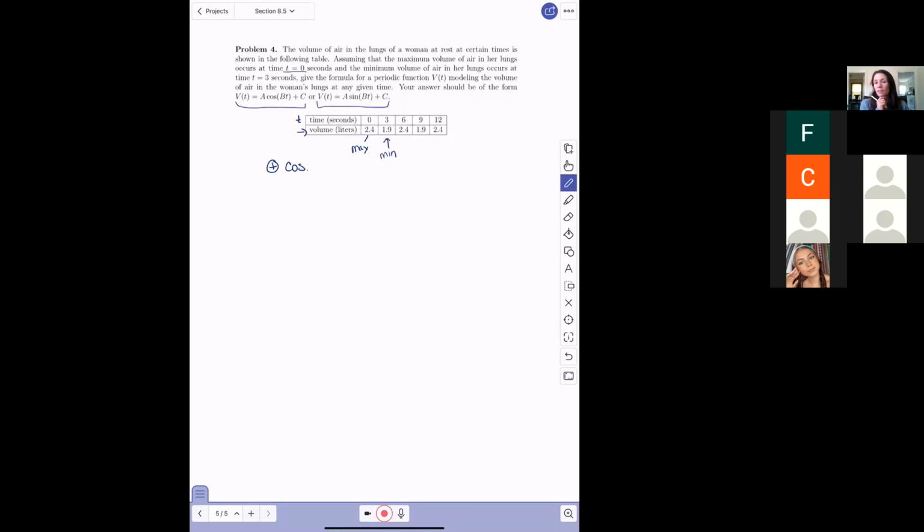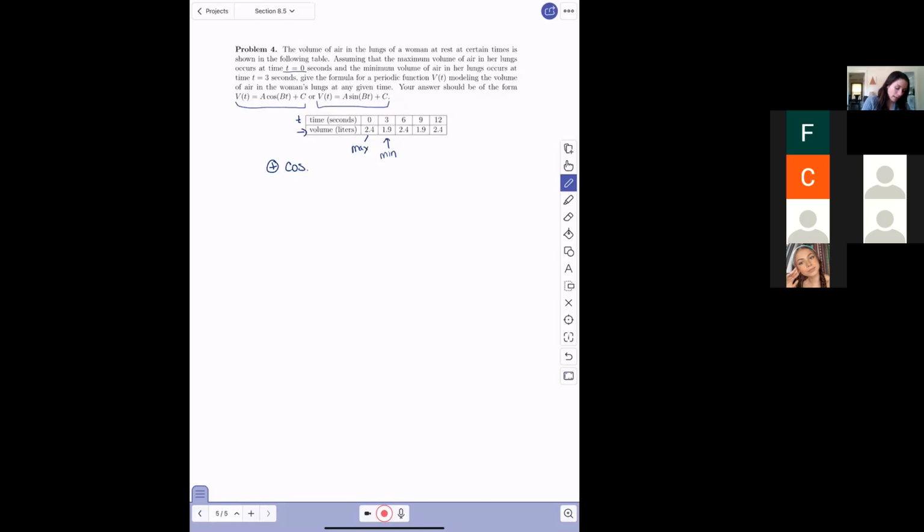It might be if 0 was the midline, but it doesn't make sense for 0 to be the midline, because when you take a deep breath in and let out all that air, your lungs don't go into a negative amount of air, right? Yeah. But if it started at the midline, then it would be sine. How would you know if it was the midline? We would have to find the midline, which we have to do anyway.